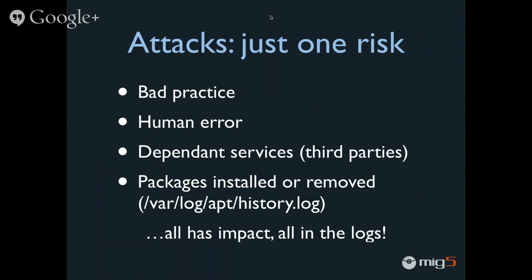As I said, dependent services, various packages being installed or removed from your system because you're not using Puppet or something. All of this stuff gets logged. All of it can have impact if you don't have enough oversight or jurisdiction on what's happening on your servers. And all of this stuff is often in the logs.